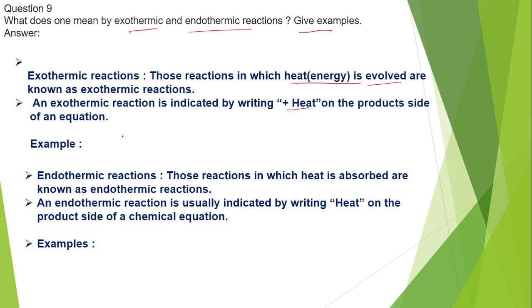Let us take one example of burning of methane gas. CH4 plus oxygen gives carbon dioxide plus water plus heat. Here heat is released. This is one kind of exothermic reaction. That is why we are indicating that by writing plus heat on the product side.